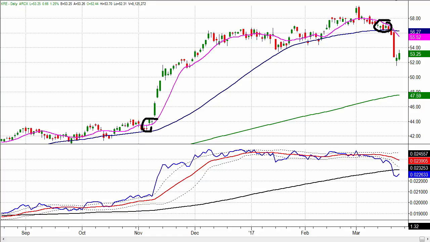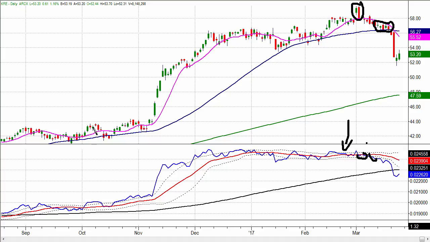What we didn't show you on the webinar, because the triple play was not part of the phase presentation, is that the triple play was also screaming, don't be a buyer on weakness here. You can see down here, you've got the blue line under the red line. And just like IWM, even when KRE made a new high and immediately retraced, the blue line went under the red line. That is not how a strong market should act.